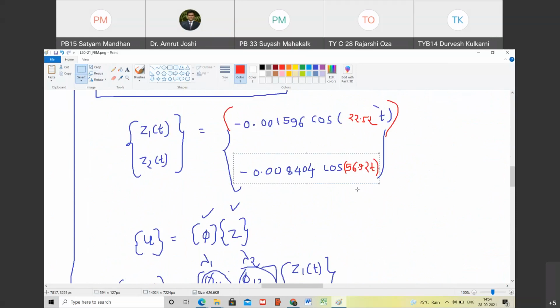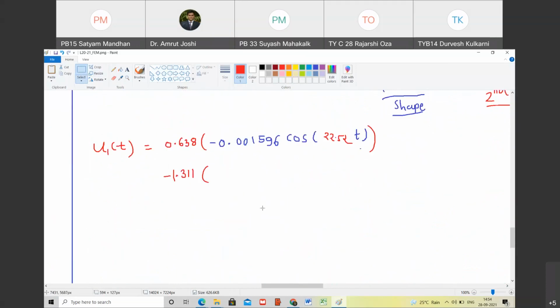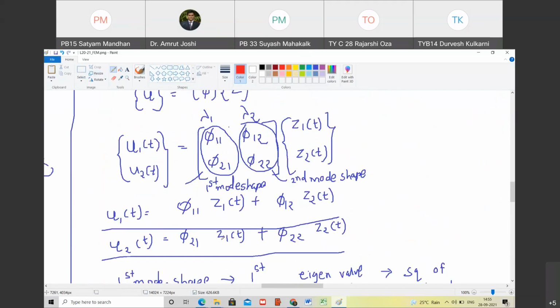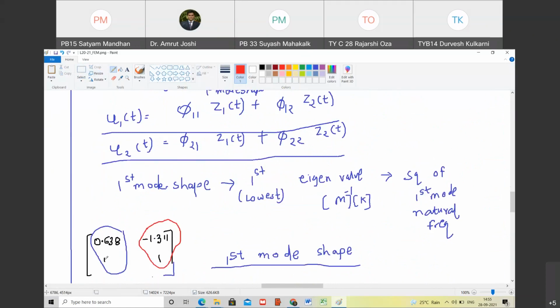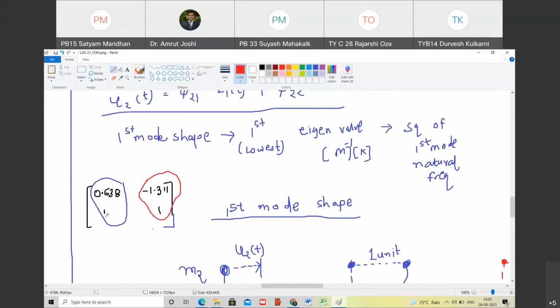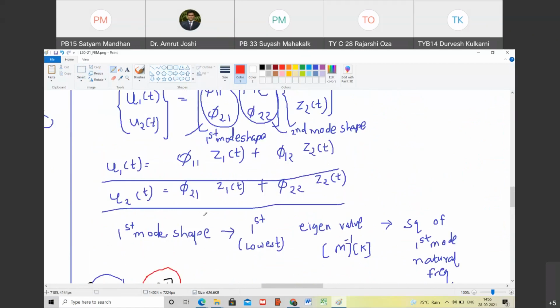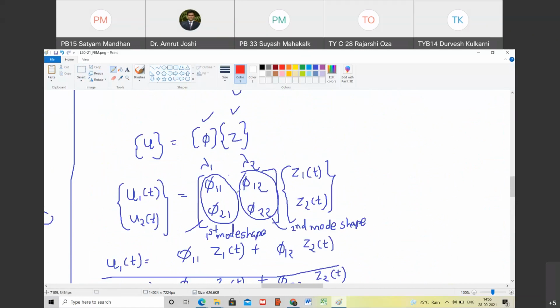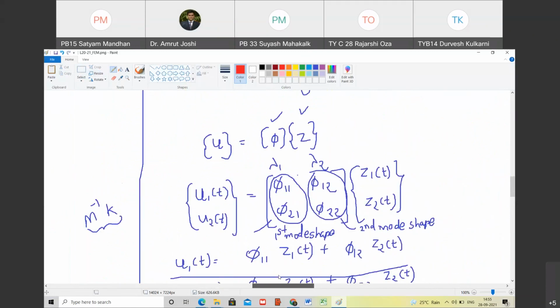Z2 of t is this. I'm going to substitute that. Happy? Yes, sir. And what is U2 of t? U2 of t is, यही substitution हमने किया है ना?